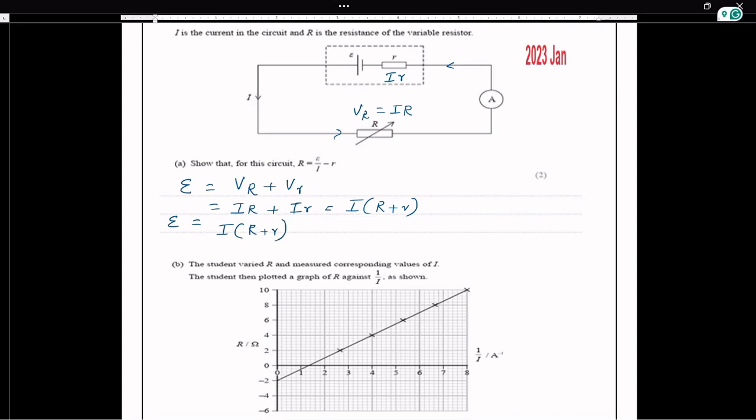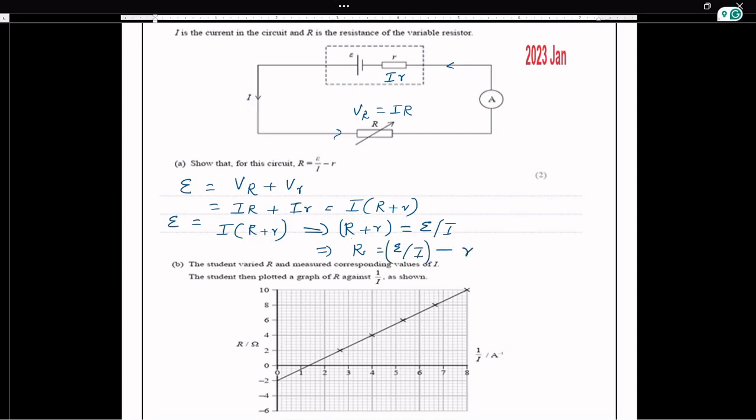Therefore, from this we can calculate R plus r. R plus r is E over I. That is, R equals E over I minus small r.